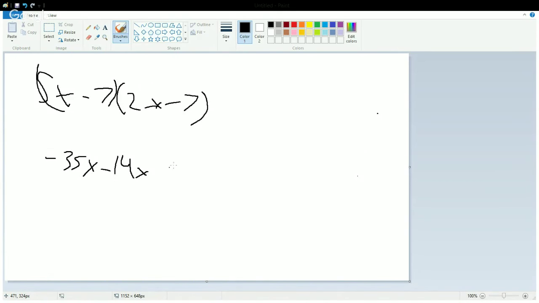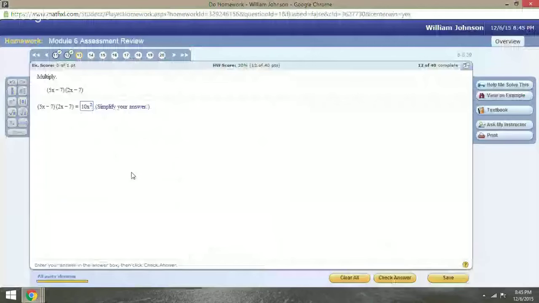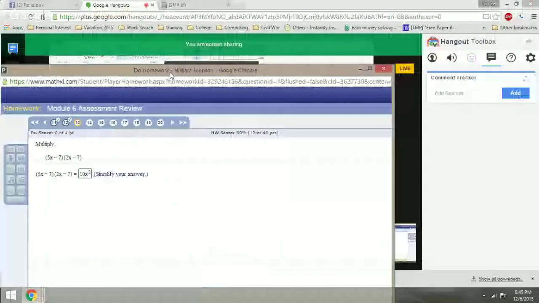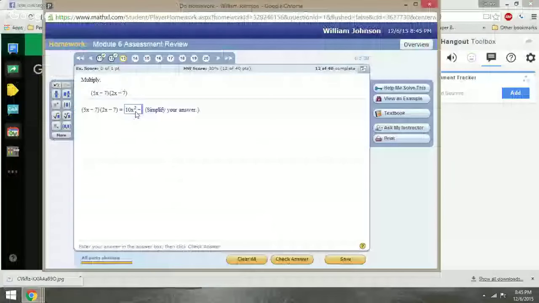And then those two sum together, minus 35 plus minus 14 should be minus 49, so that's going to be negative 49x. That'll be the middle term, negative 49x, and that'll be plus 49 at the end.